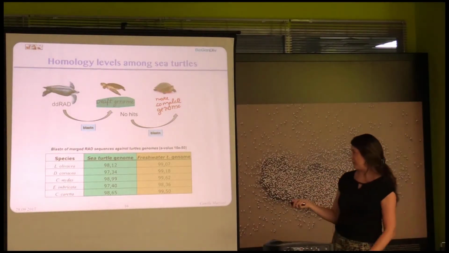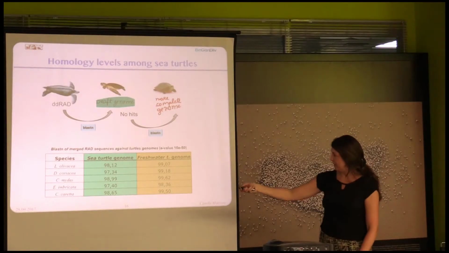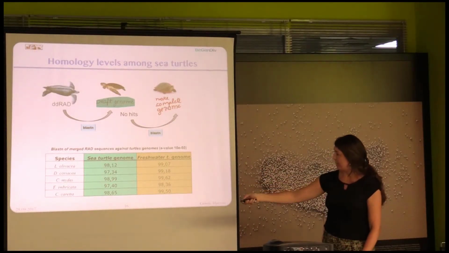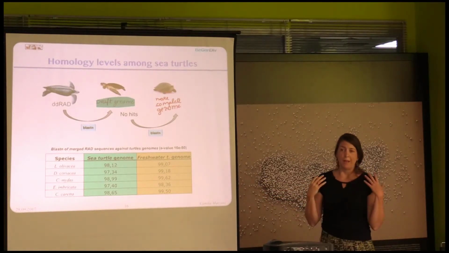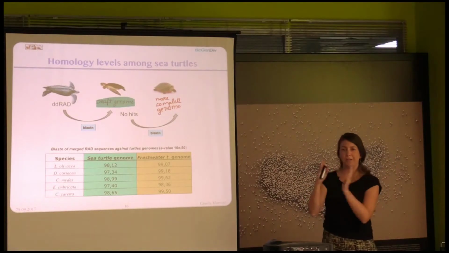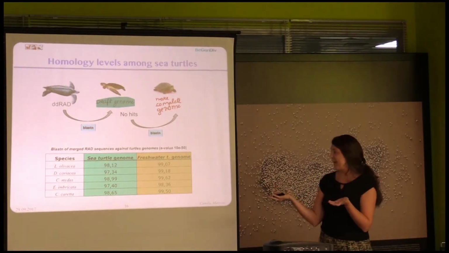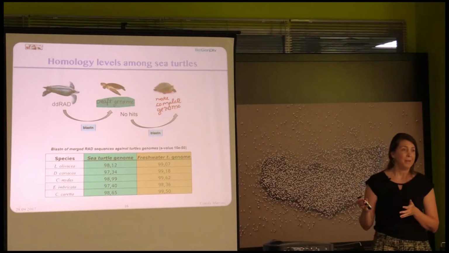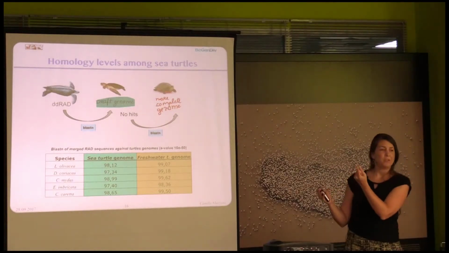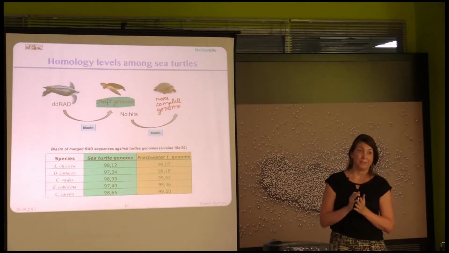And these are the results for the 5 species. The green turtle is this one here. We got very similar content in terms of comparison between what we got and the genome, around 98% for all of them. So almost all our sequences have a homologous sequence in the genome of one of these species. So yes, they have very similar content.